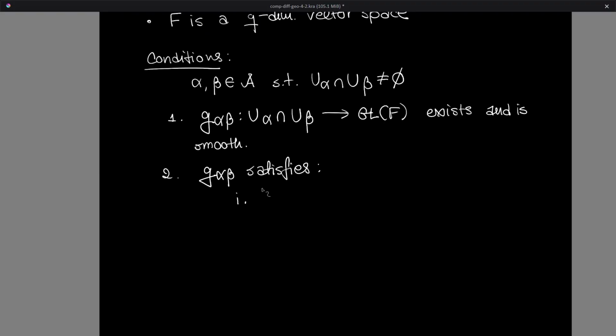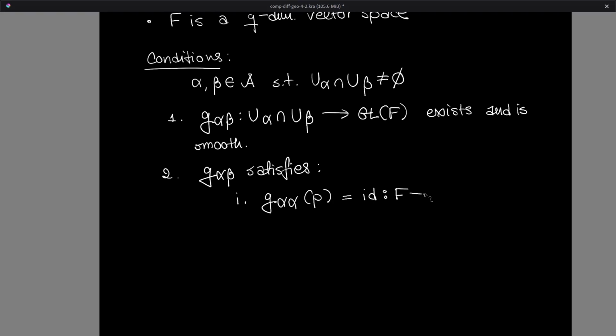So if beta is equal to alpha, G alpha alpha at P, remember when we take it on P, we're restricting it from being this collection of linear maps over all of U alpha intersect U beta to a single linear map associated with P. And this has to be equal to the identity.